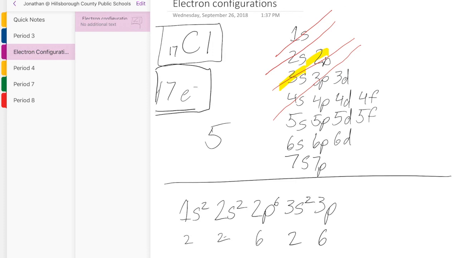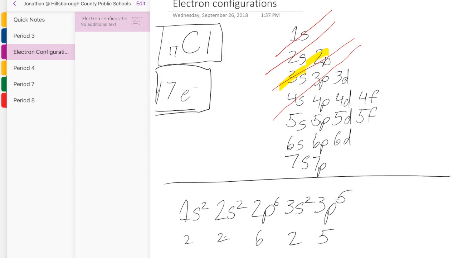Do we have 6 left? Not really, because we only have 5 left. So we're going to put that 5 at the top here instead. This changes from a 6 to a 5, so we can erase that, and our total comes out to be 17 electrons.